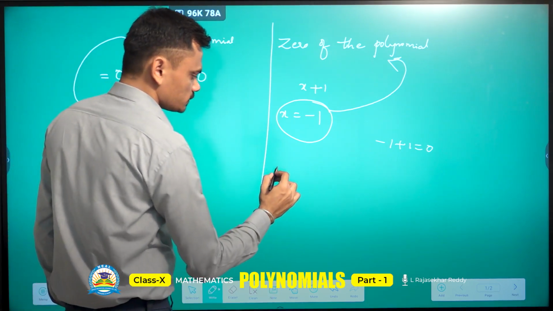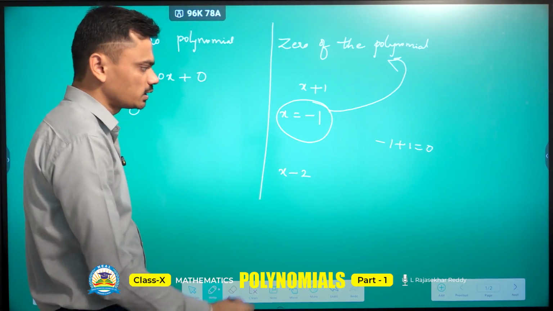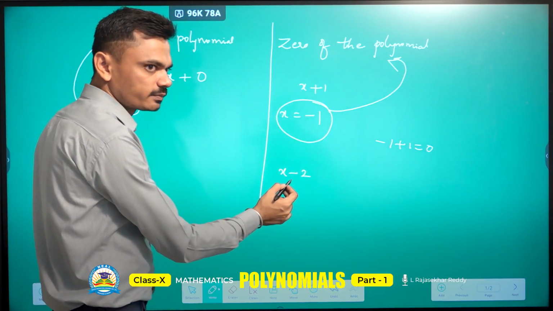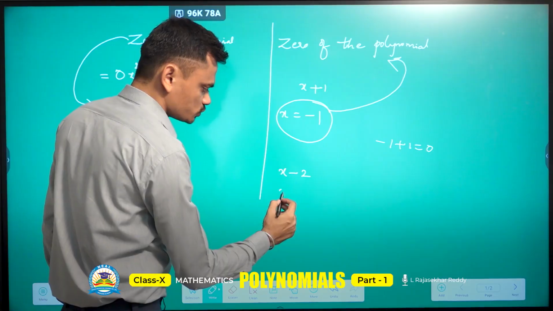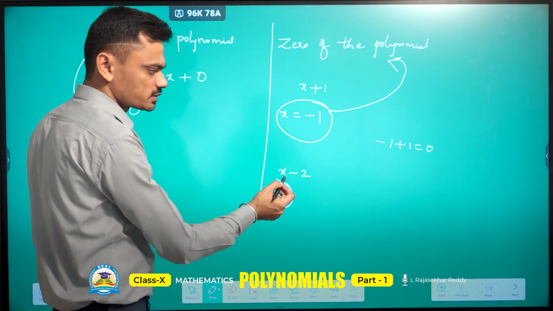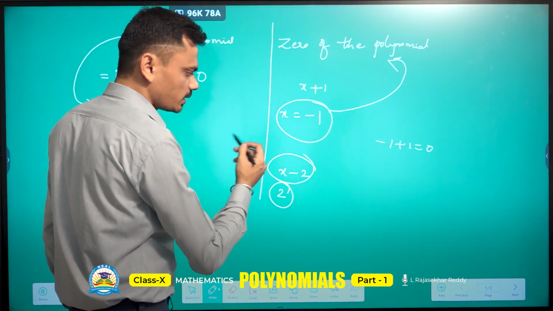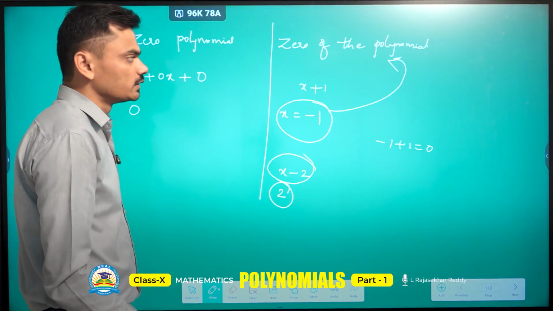Okay. Suppose x minus 2. What is the 0 of polynomial x minus 2? Simple, plus 2 is the answer. If you write plus 2 in place of x, 2 minus 2 becomes 0. Here I have given simple polynomials, so we can find it easily.